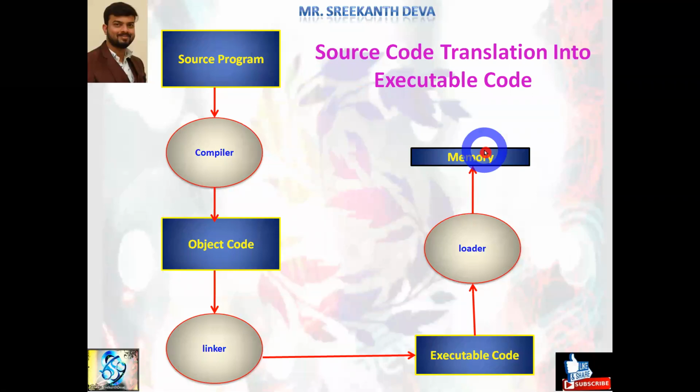Sir, why do we need to convert high level instructions into machine level instructions? Because high level instructions are understood by the programmers or end users. The machine cannot understand these high level instructions. The machine always understands what? Zeros and ones representation only, or binary digits. Then every time a programmer or user cannot convert those high level instructions into machine level, that is a very tough job.